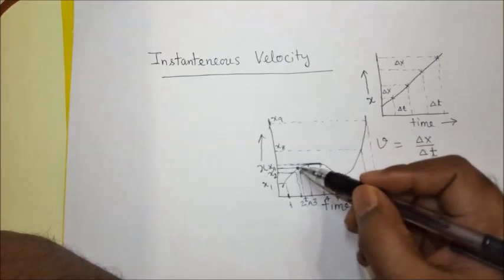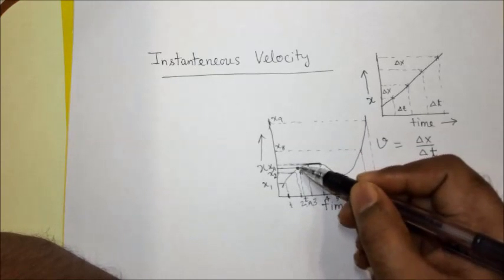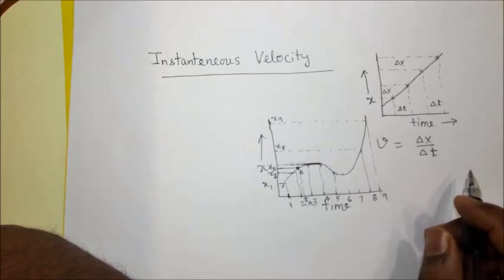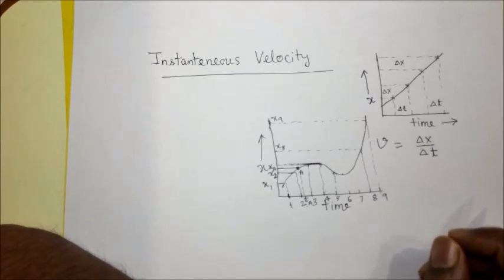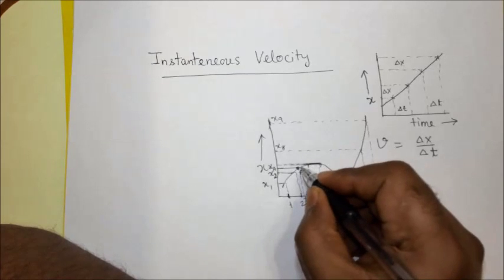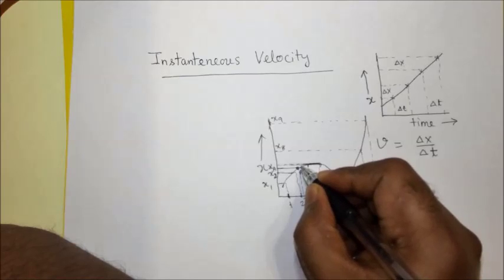Means at this instant t A, what is the velocity? How can we do this? Because velocity is change in position over change in time. So what I will do, I will take a tiny change in position.